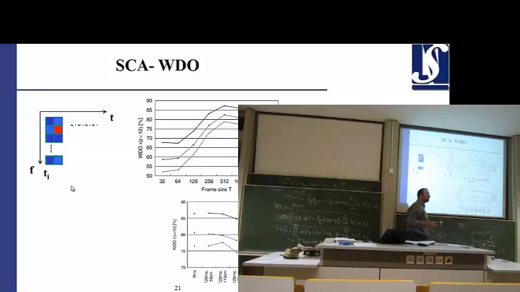Even in the reverberant environment, which is a very harsh environment, you see that the fluctuation over the value that you got from the anechoic case is very small, so it's actually ignorable. So we can say that in most cases, the fact of WDO, W-disjoint orthogonality, is true, and we can use this prior for the SCA algorithms.